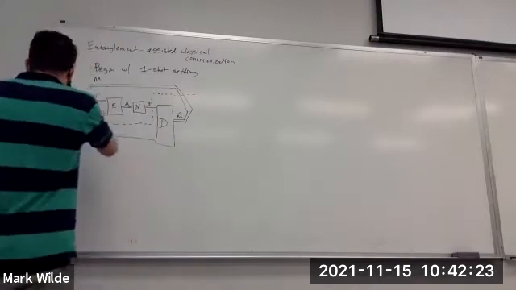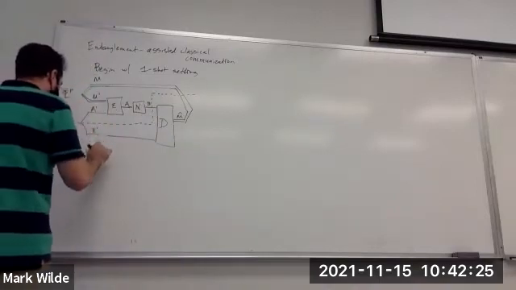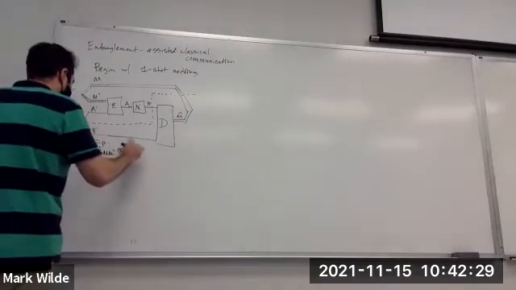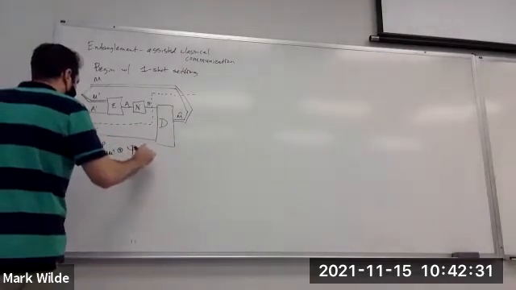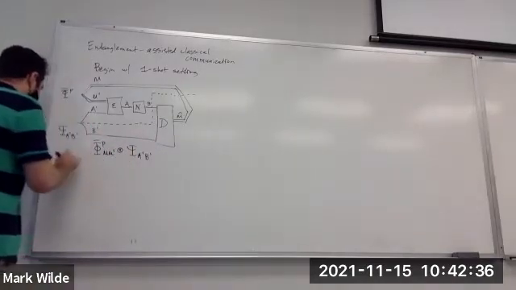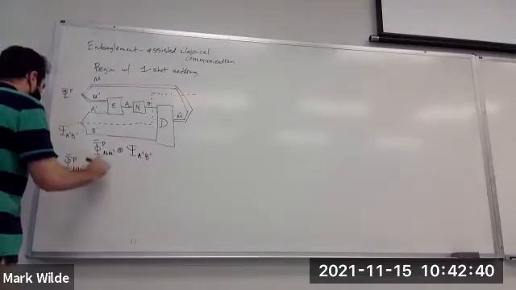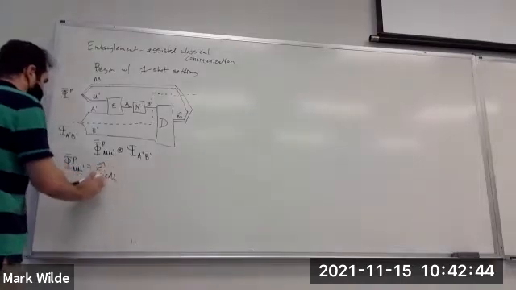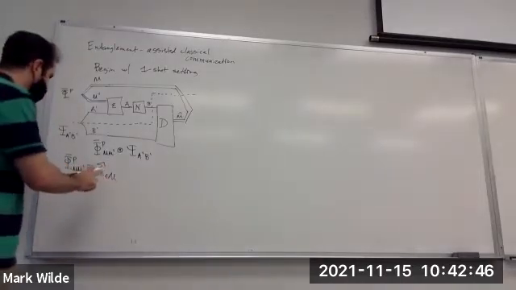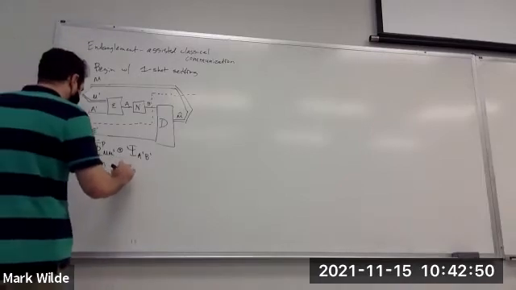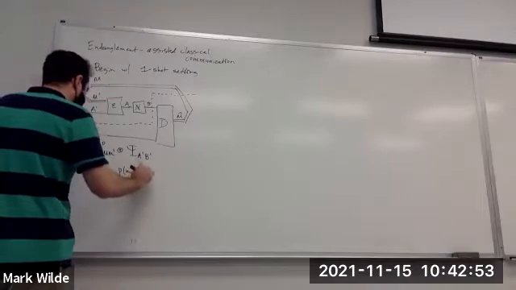Okay, so the initial state is a tensor product state. Each message, little m, is drawn from a message set, big M, with probability p_m.